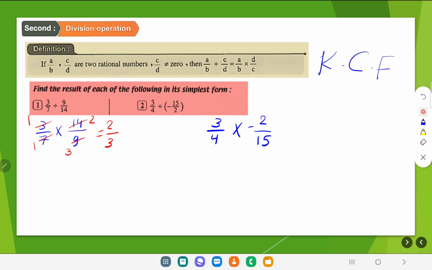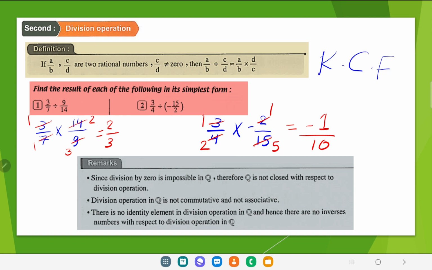Is there any simplifying? Yes. Okay. Divide 3 equal 1, divide 15 by 3 equal 5, divide 2 equal 1, divide 2 equal 2. So it will be equal 1 times 1 equal 1. Here I have negative 1 over 2 times 5 equal 10.